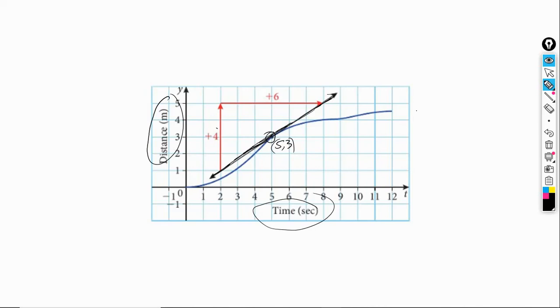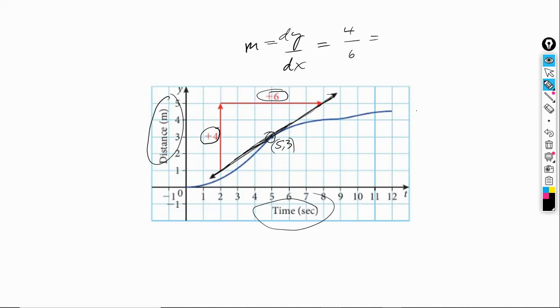Notice that we have a rise of 4 and a run of 6. So we would say then that the slope would equal, remember that it's rise over run, right? Or difference in y over difference in x. So this would be rise is 4 and run is 6.